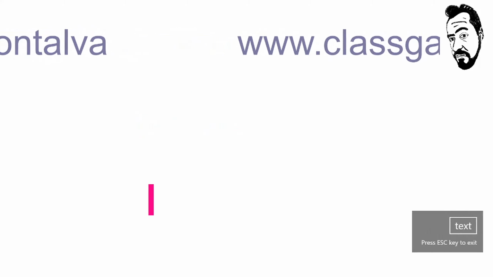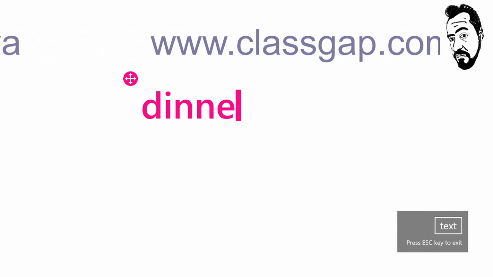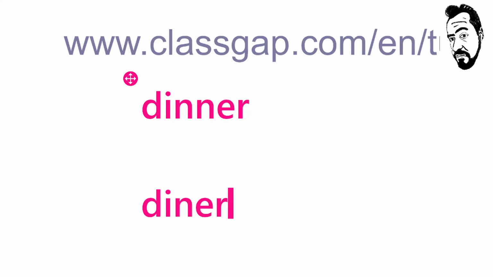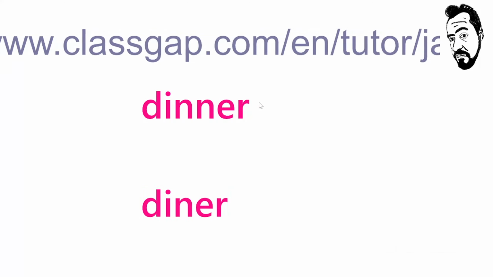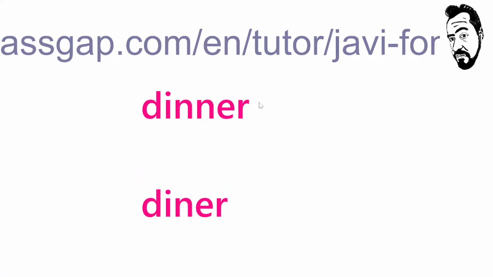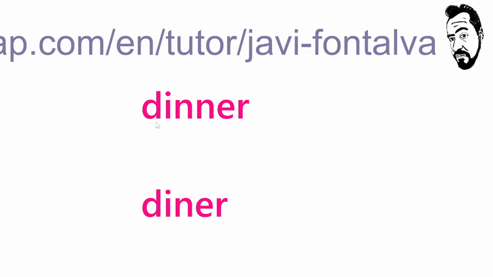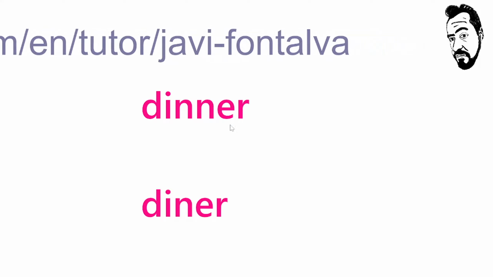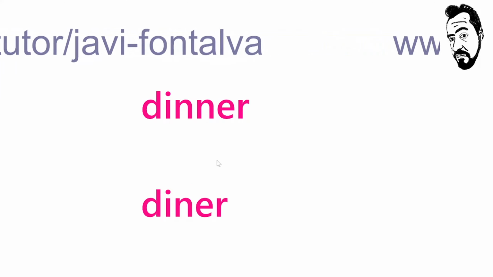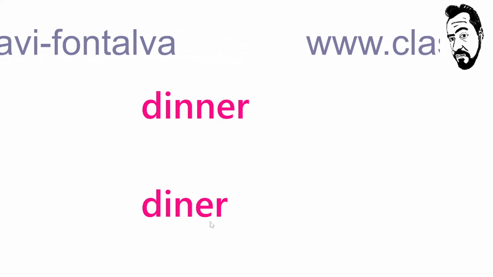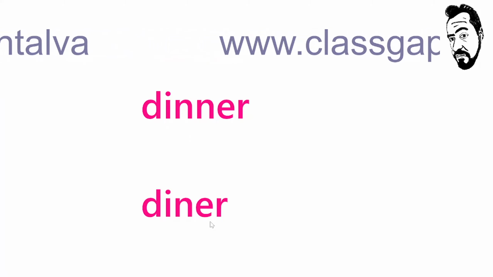This is important, for example, these two words. So these are two different words, and the pronunciation is also different. This one is dinner, double N. But this one is diner. Okay.